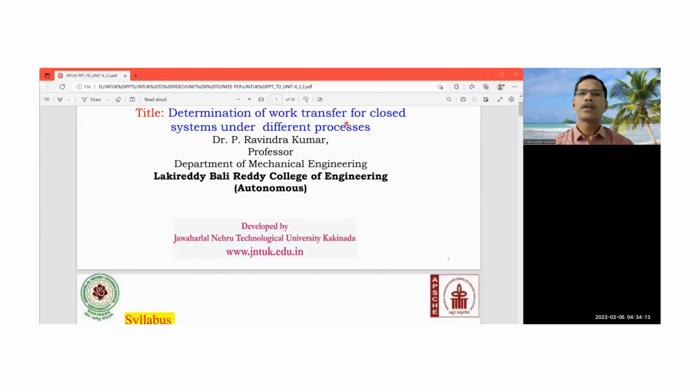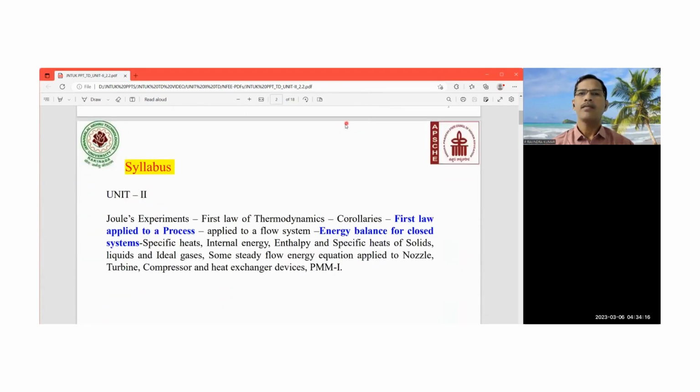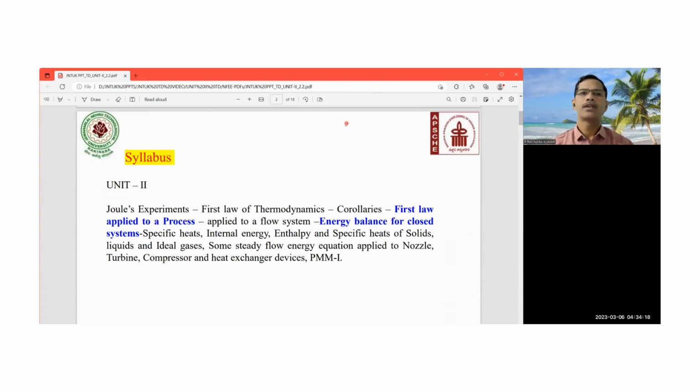Now today I am going to cover the first law of thermodynamics applied to different processes. Once you have obtained the relation Q is equal to delta E plus W from the first law of thermodynamics, now you need to apply that Q is equal to delta E plus W to the various processes. So today's topic is Q is equal to delta E plus W applied to the various non-flow processes.